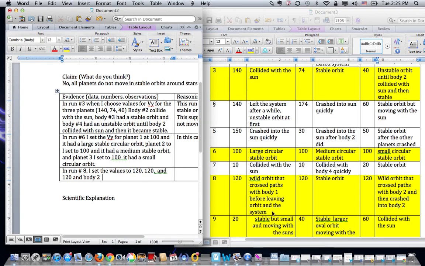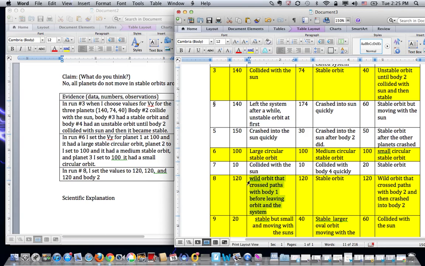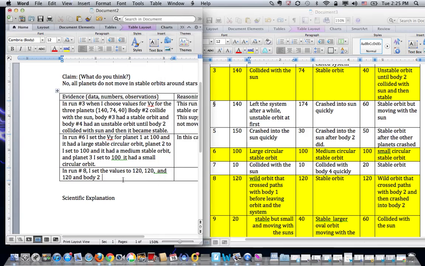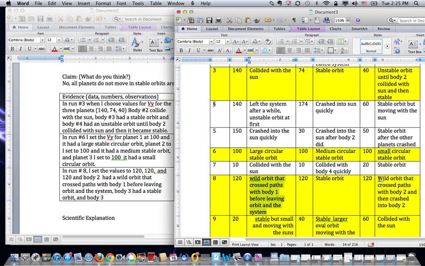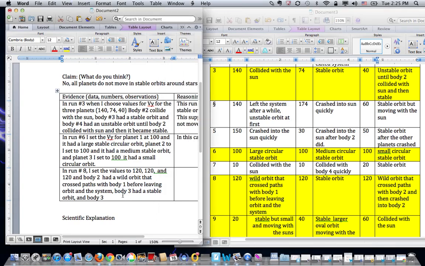Let's see what happened. It had a wild orbit right before leaving the system. Body 3 had a stable orbit. And body 3 had a wild orbit. I'm just going to copy this and paste.